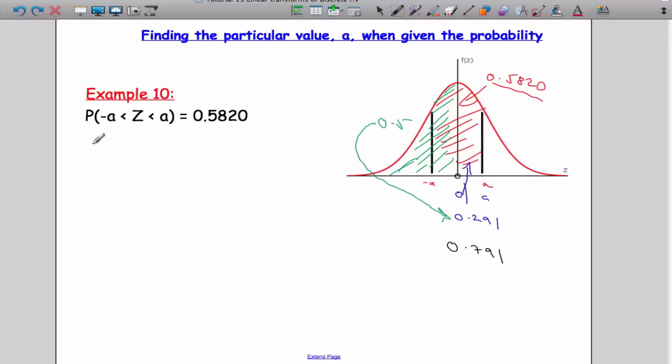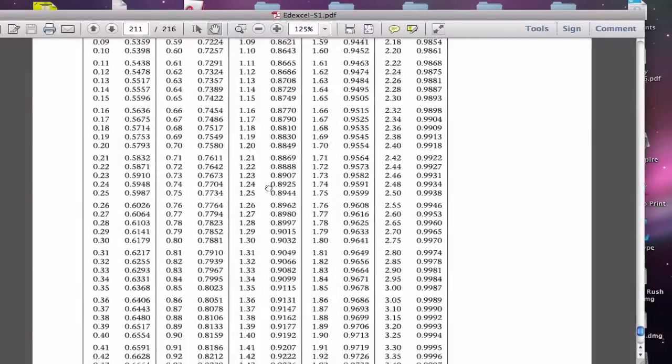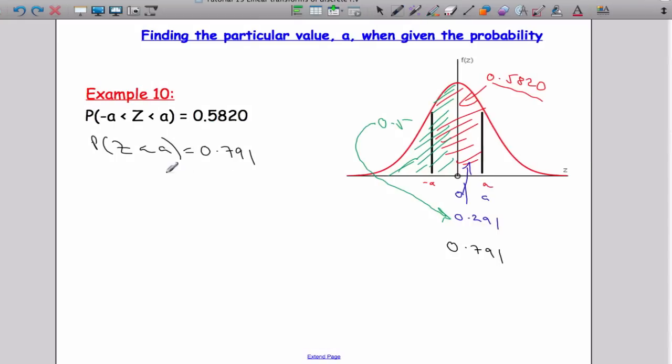So I know that the probability that my random variable is less than A equals 0.791. So then I go to my table. The probability is 0.791. So let's see if we can find 0.791. 0.7910 gives me 0.81. So A must equal 0.81.